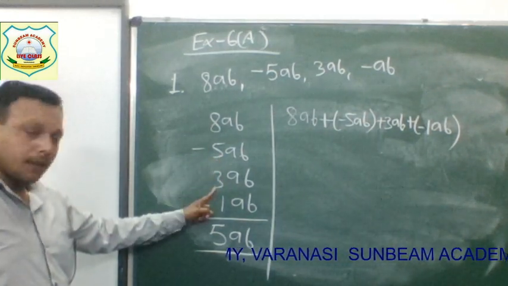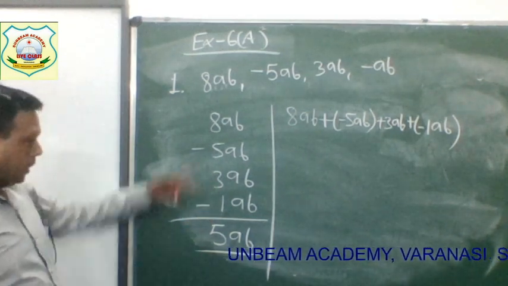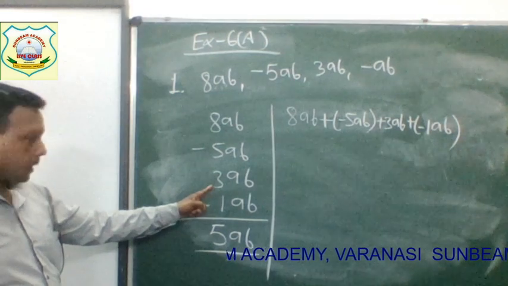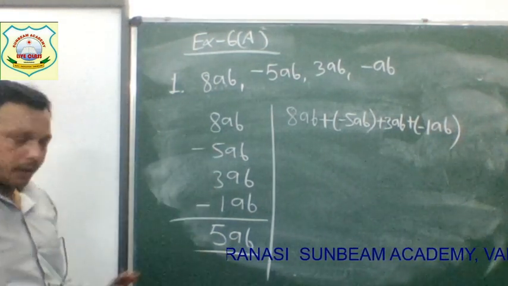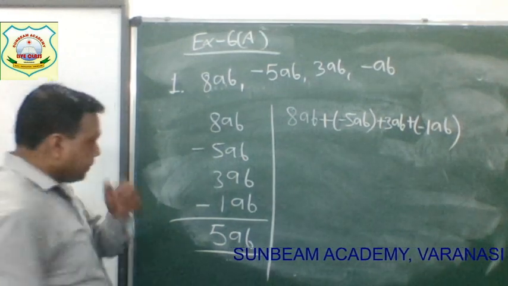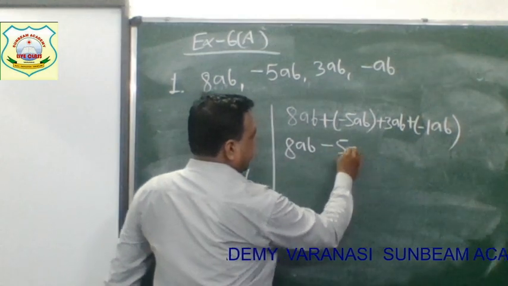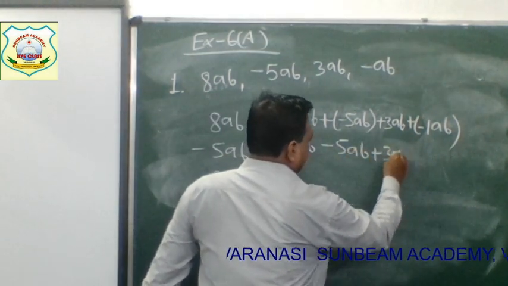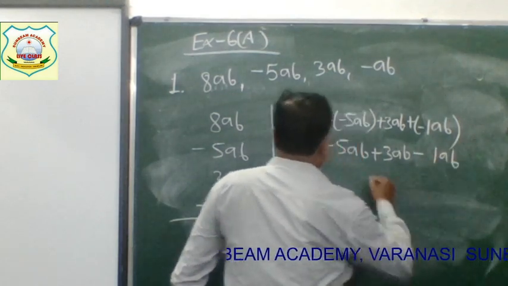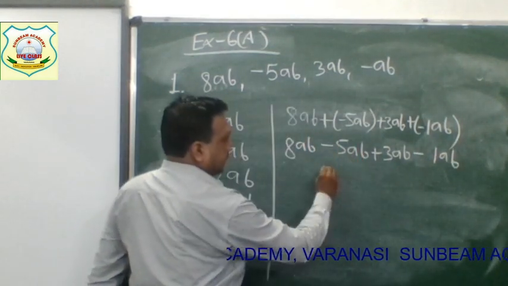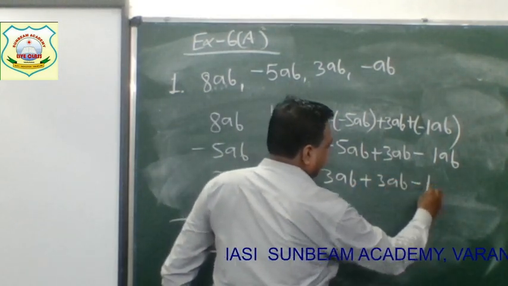Again, 8 minus 5, 3ab. 3 plus 3ab, 6ab. 6 minus 1, that is 5. Or 8 plus 3, 11, and minus 5 minus 1, minus 6. So 11 minus 6, 5ab. Any way you can do. Here 8ab plus minus 5ab plus 3ab plus minus 1ab. 8ab minus 5ab, that is 3ab, plus 3ab minus 1ab.